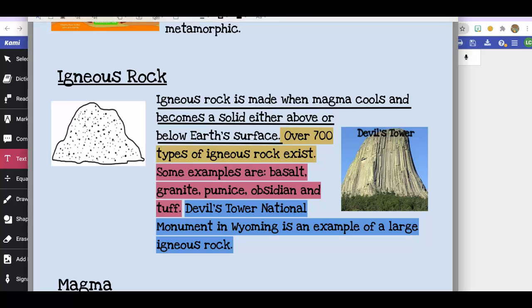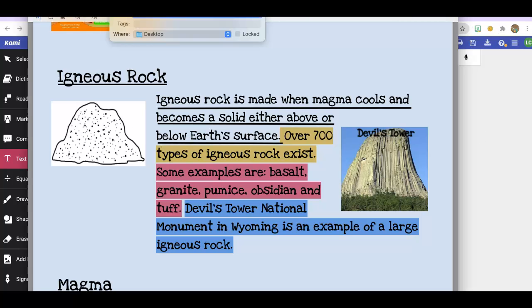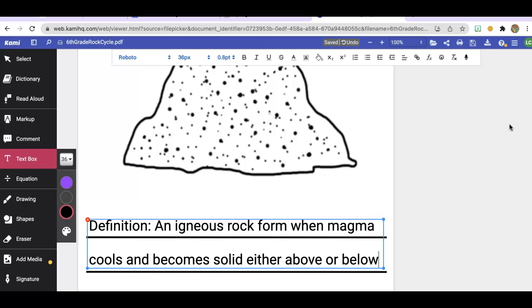Want to get it right. Magma cools, and becomes solid either above or below Earth's surface.